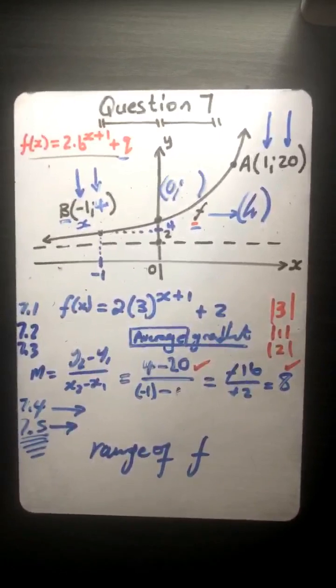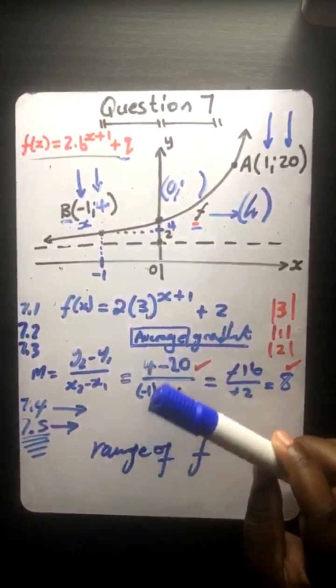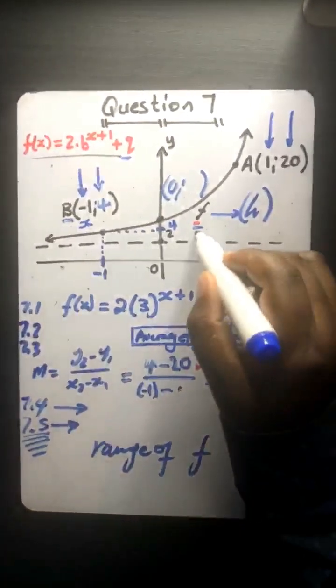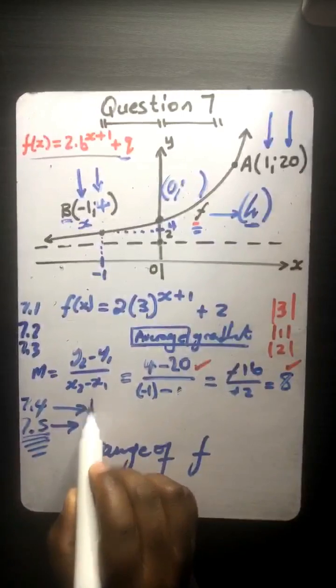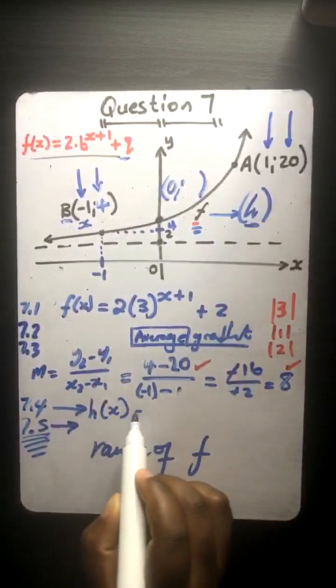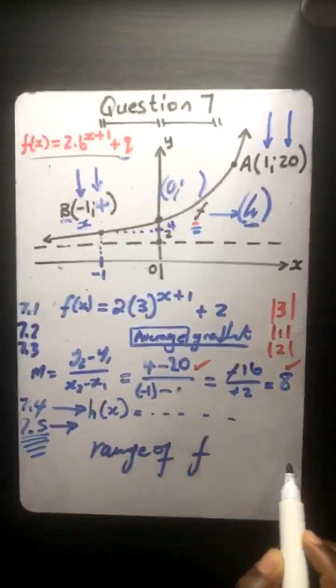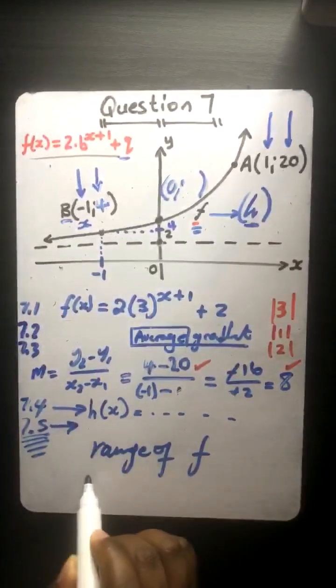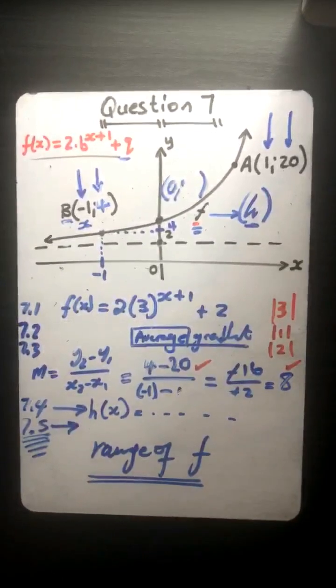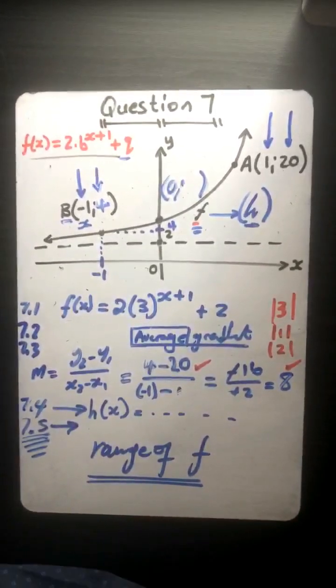Be careful: the examiner in that question is saying the range of h. That means don't give the range of f, but give the range of h, which is the new equation that you are going to find as a result of that reflection. But for me, I'm saying give us the range of f.